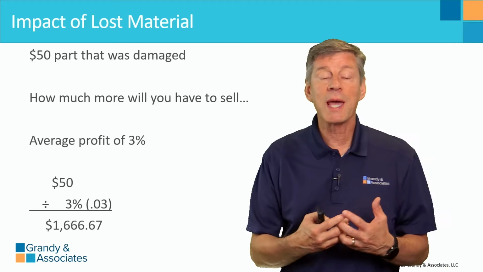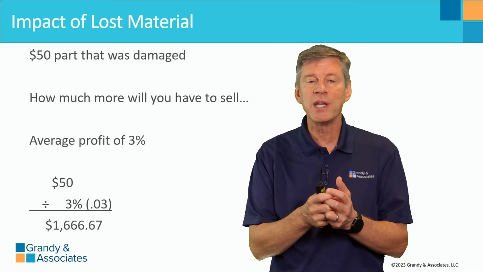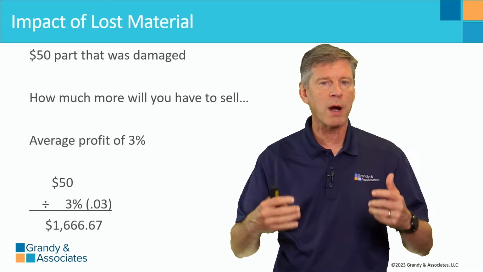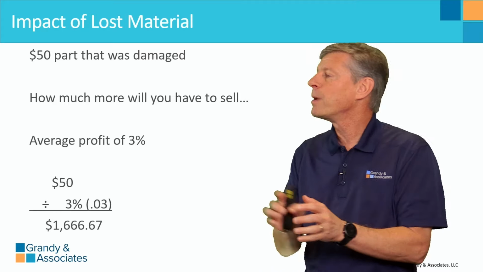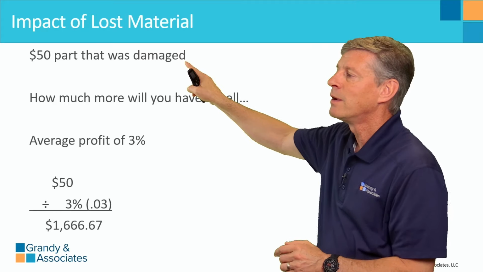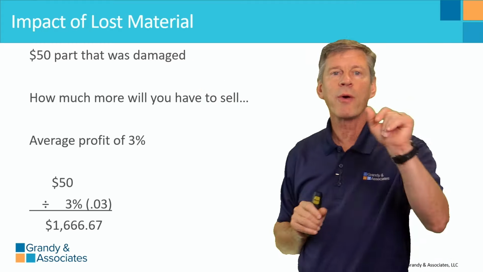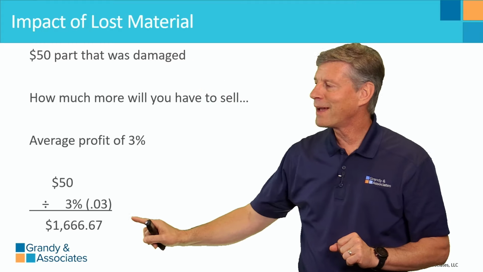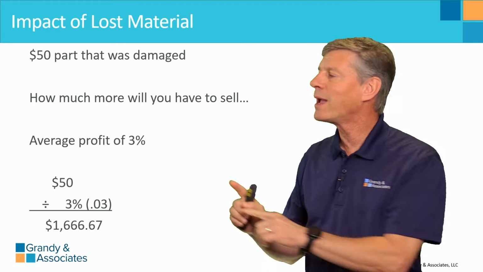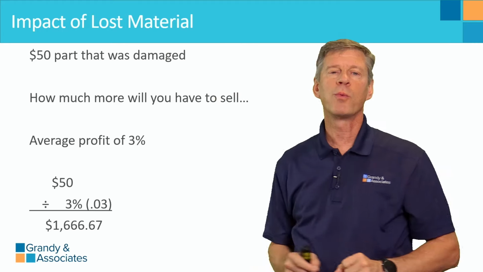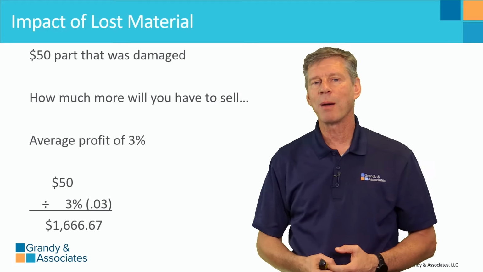What I'm saying is you will need to sell another $1,666 worth of parts, pieces, labor, materials, and jobs just to make up the cost of the part that wasn't accounted for. And by the way, the net profit on that next $1,600 will be zero, because what you would have made went to cover the costs that weren't accounted for on that previous job.